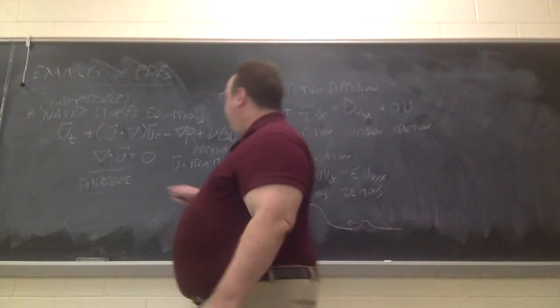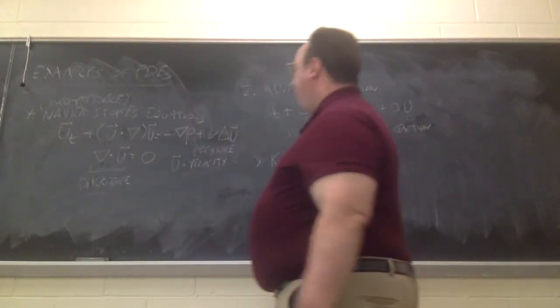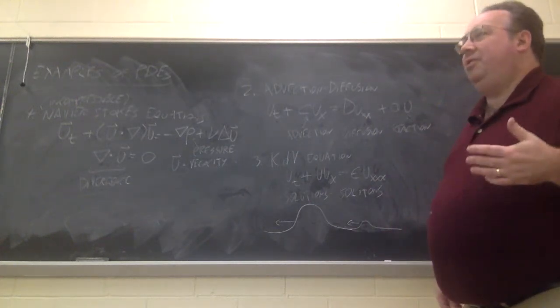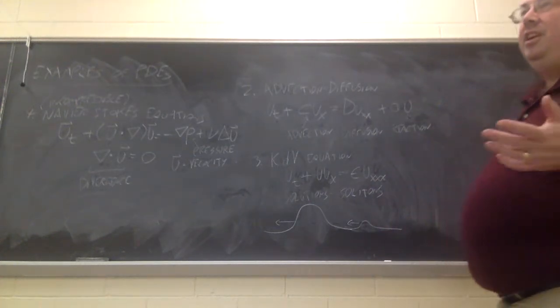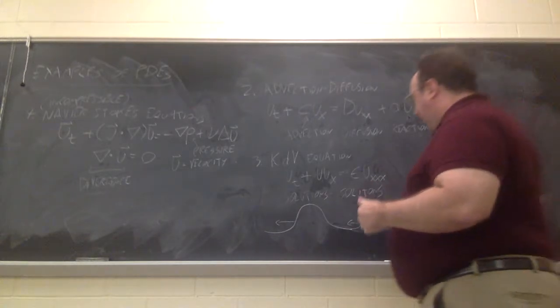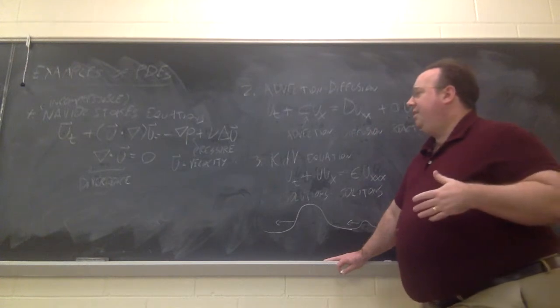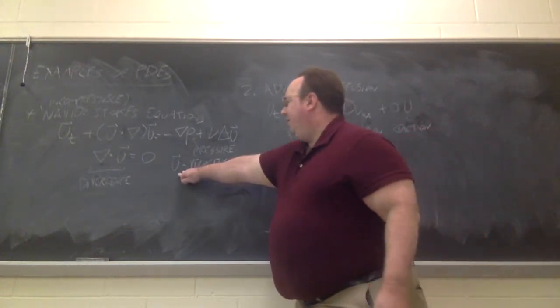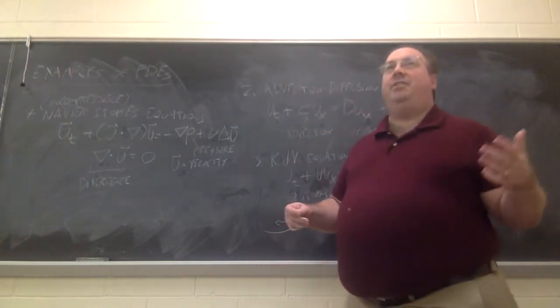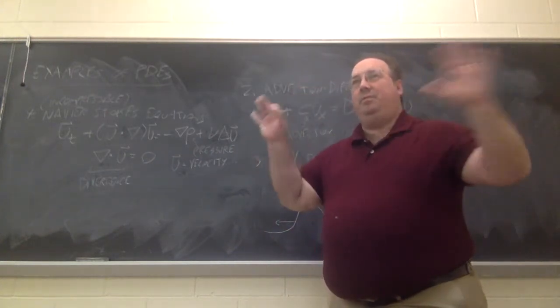So I want to talk about this additional equation, which is saying that the divergence of u is equal to 0. Now, divergence is something that's covered in multivariable calculus. Now, u, because it's a vector function of x, y, and z, it's called a vector field. So it's representing the velocity of the fluid throughout your domain.